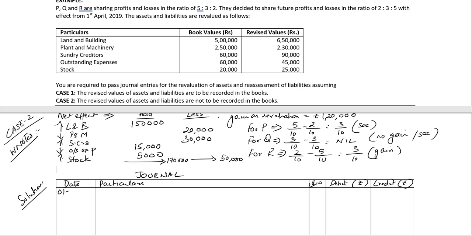The date of change of profit sharing ratio, 1st April 2019. Now we have a gain on revaluation. So we need to debit the gaining partner and credit the sacrificing partner. R capital account debit.